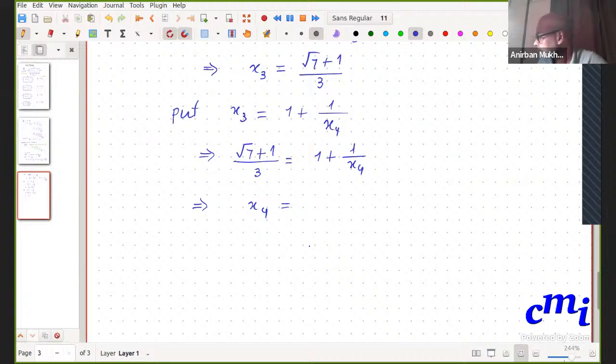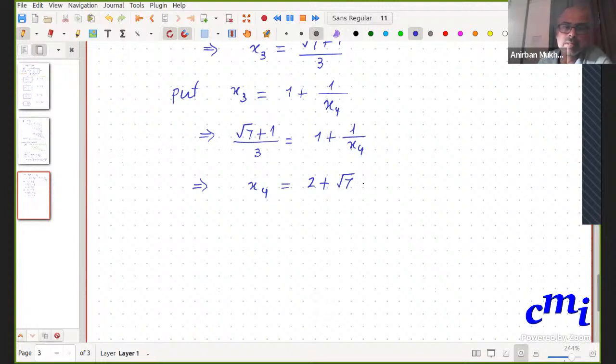It's exactly the point. Now x4, if you just calculate, is 2 plus square root of 7. Yes. So now 2 plus square root of 7 is large.